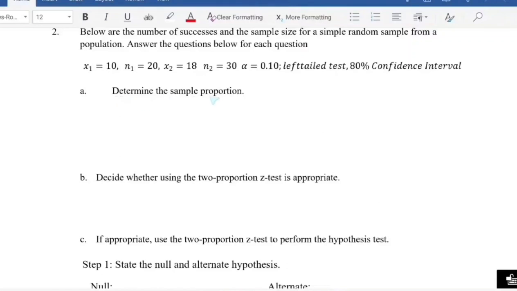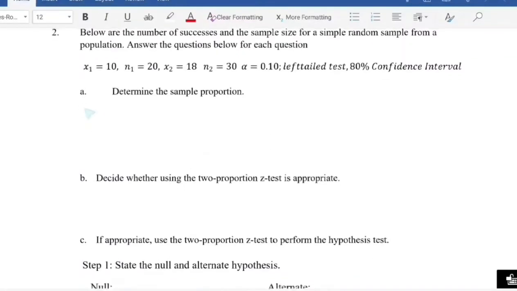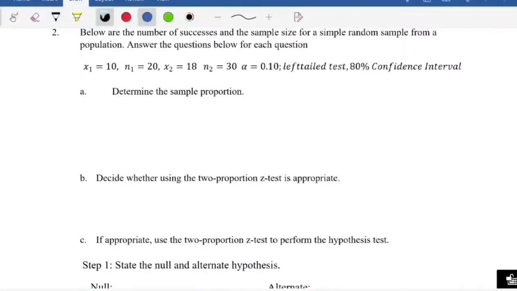All right, so the first step is to find the sample proportions. Again, this is about two proportions, therefore we will need to find two sample proportions. All right, so p hat sub 1 is going to go with the formula x sub 1 divided by n sub 1. X sub 1 is given to us as 10 and n sub 1 is 20. So it's going to be 0.5 for p hat sub 1.